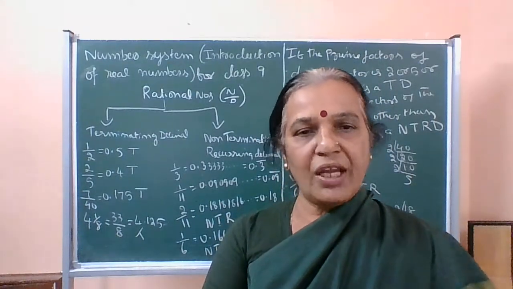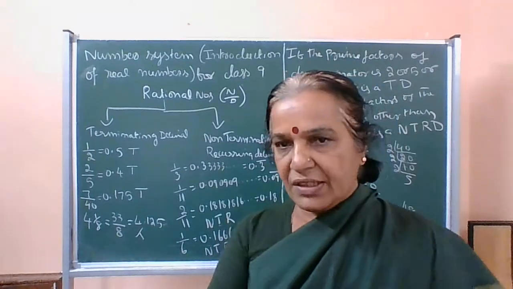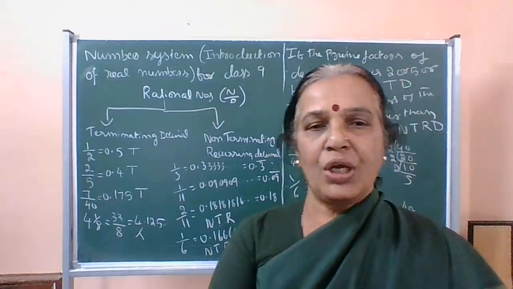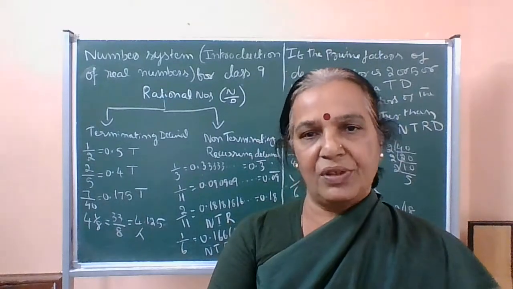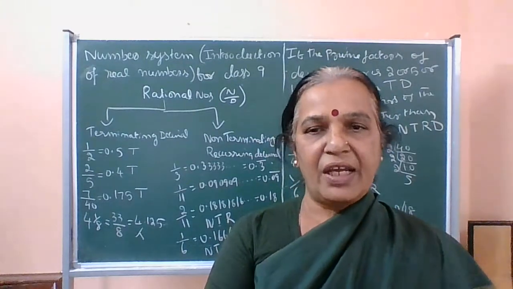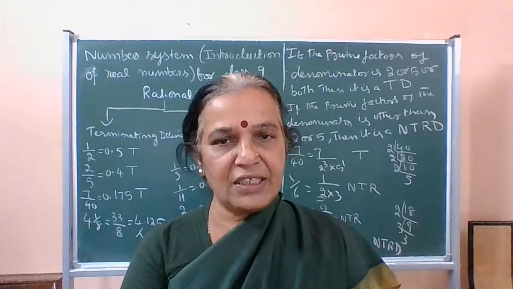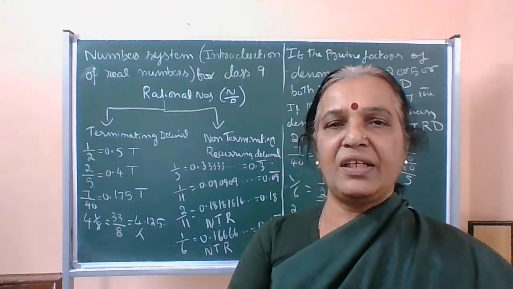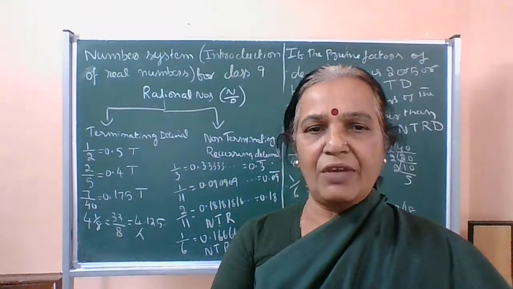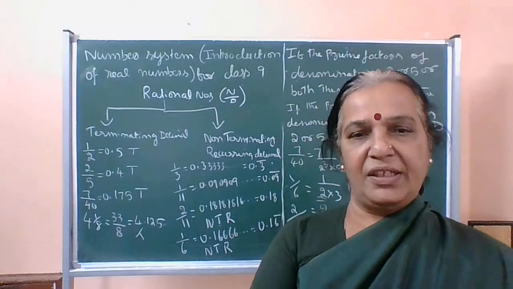But you don't have to divide and find out, because these questions carry 1 or 2 marks only. Therefore, straight away you can write, if the prime factors of the denominator are either 2 or 5 or both, then it is a terminating decimal.